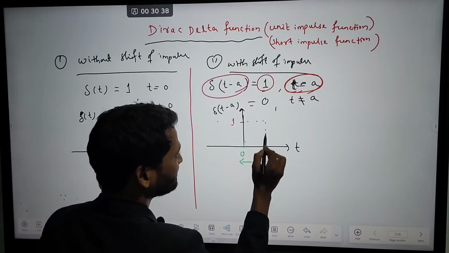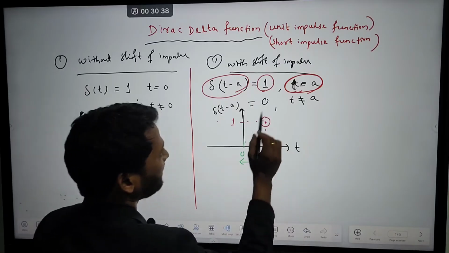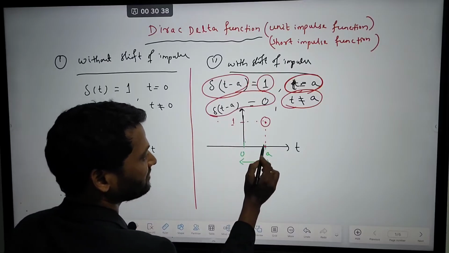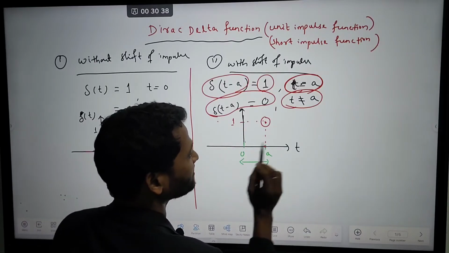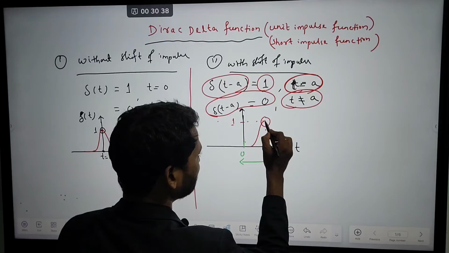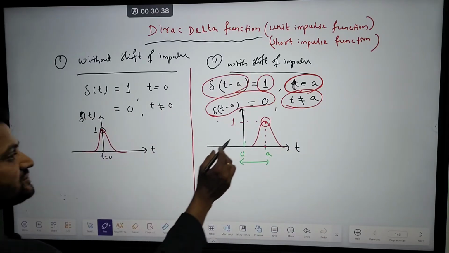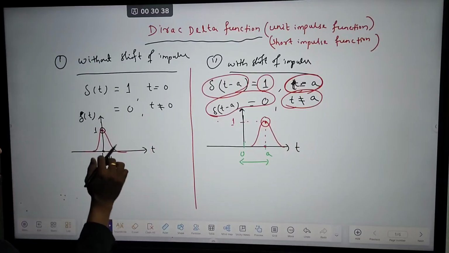So the point is coming here, and when t is not equal to a, delta t minus a is 0. मतलब not equal to a इस side हो सकता है, इस side भी हो सकता है. So this is the graphical form of that function. So you got the difference.